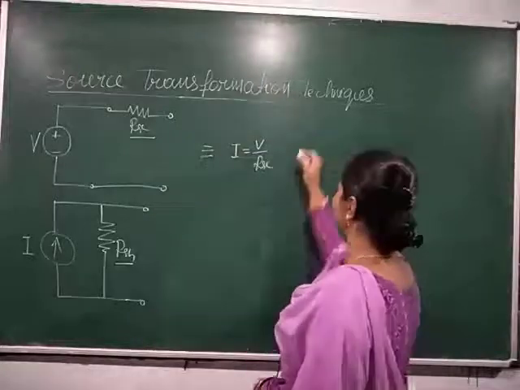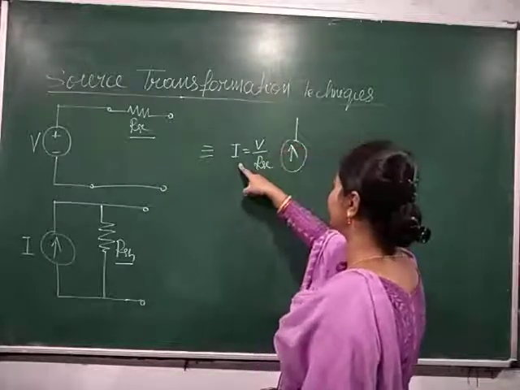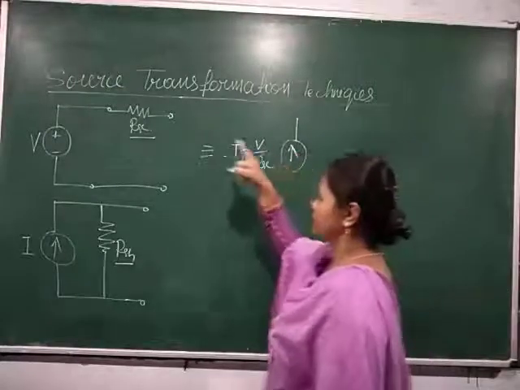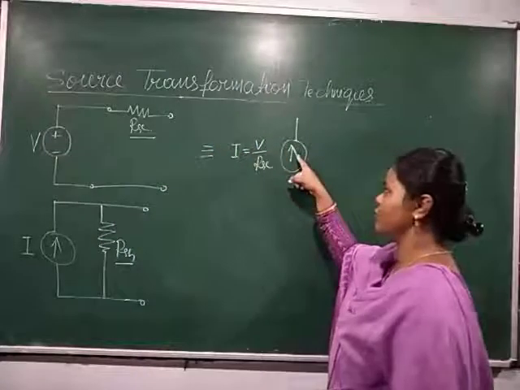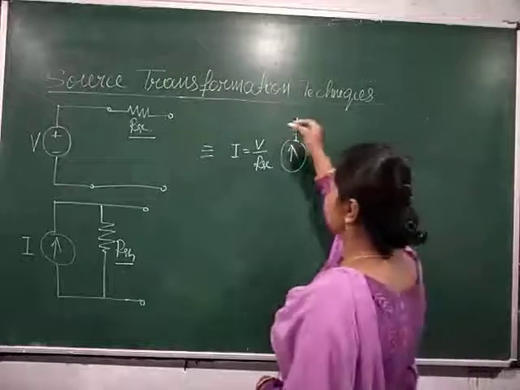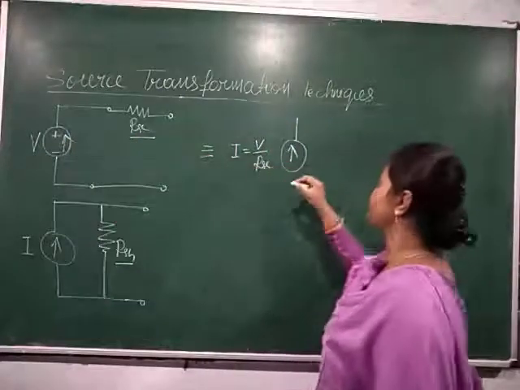Then draw the symbol for current source, magnitude we already have, and the direction: the arrow points to where the positive sign is. In that direction, negative to positive, current flows.